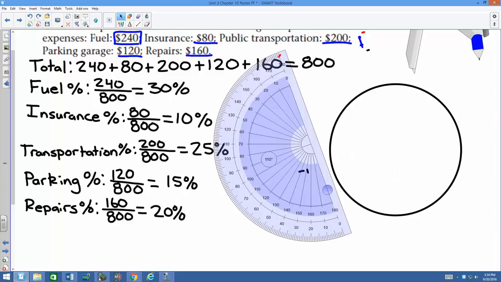So I know transportation is 25%, which is a quarter. So I could just kind of guess that's about a quarter and put 25%, and then put transportation.